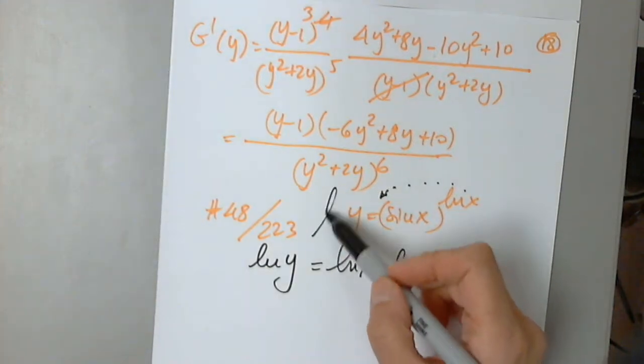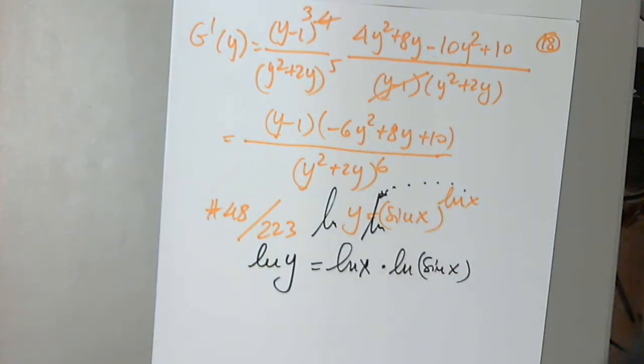If you want to put the natural log first and write it in 2 steps, please do so. So we apply natural log to the left, we apply natural log to the right, and then this natural log of the power goes in front of the natural log of sine x as a factor, meaning they are multiplied.